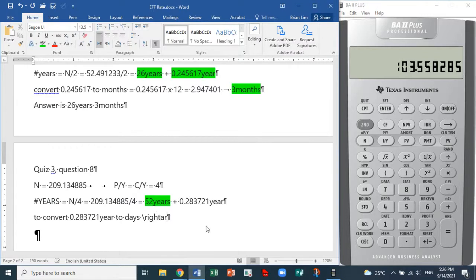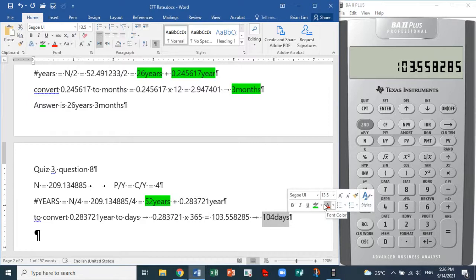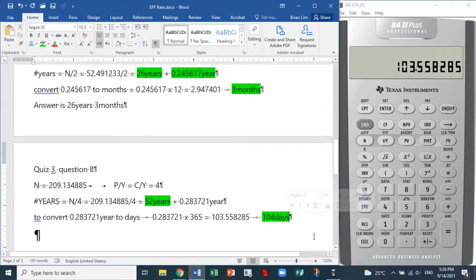We go the right arrow way, and that turns out to be 0.283721, and we go times 365, and that gives us a number looking like 103.558285, which is, we go to the right arrow, and then we get a value of 104 days. All right, so that's the rest of the answer. So this is the answer. That is the part for days.